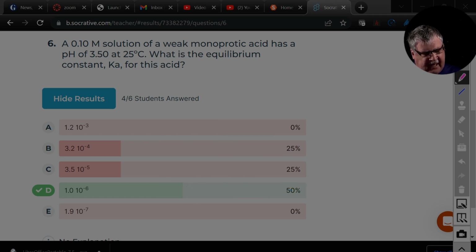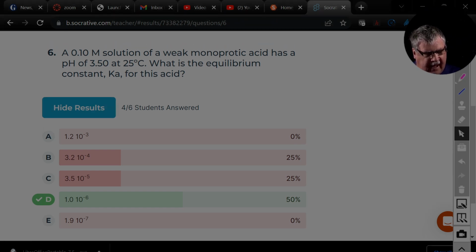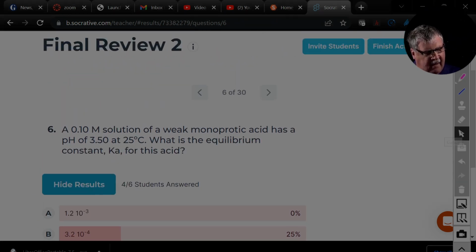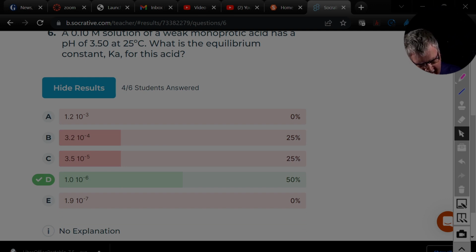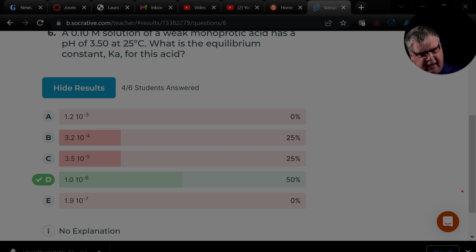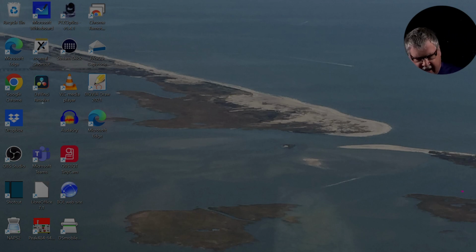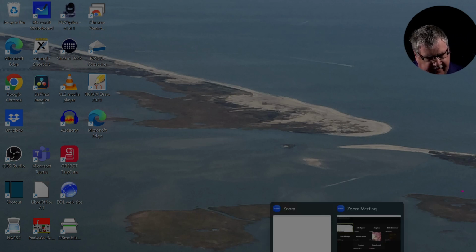And again, that's something I think you definitely want to be prepared to do when you take the final next week. I think that's a good place to stop. I'll have to remember to pick up on question 7 the next time we meet. There are a couple of other things you want to keep in mind. You do have an exam coming up on Wednesday.